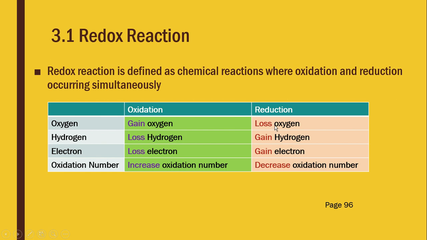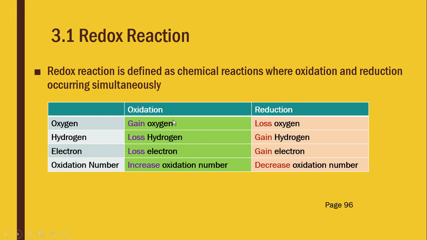So reduction is the process where it loses oxygen, gains hydrogen, gains electron and decreases in oxidation number. If you look, they are indeed opposite. That's why I say you should memorize only one. Don't memorize both, there is a high probability for you to get confused.